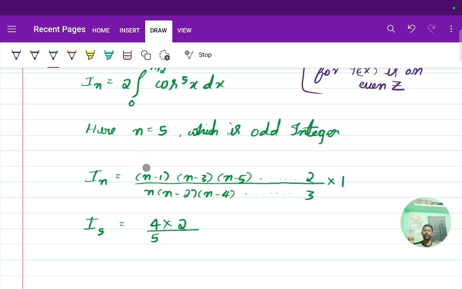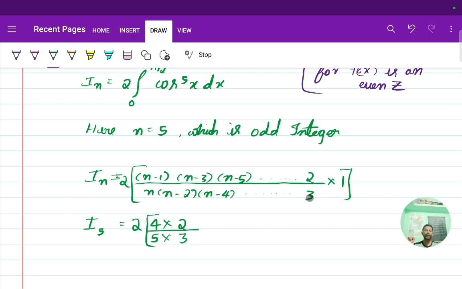Here also we have 2, so we write 2 here. Then n is 5, into n minus 2, that is 5 minus 2 is 3. It is enough, right?